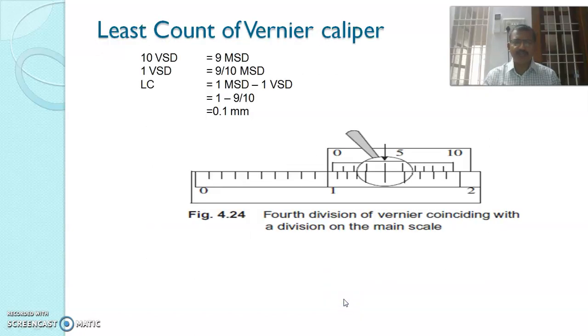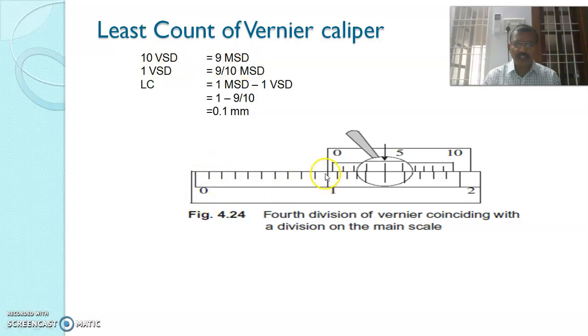Then let us discuss the least count of the vernier caliper. In the vernier caliper, the top scale is called the vernier scale and the bottom one is called the main scale. In the vernier scale, 10 vernier scale divisions equal 9 main scale divisions.